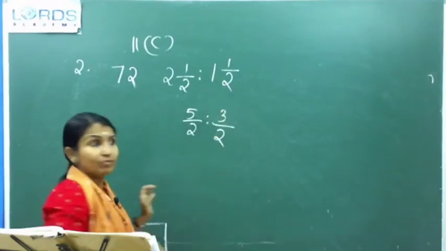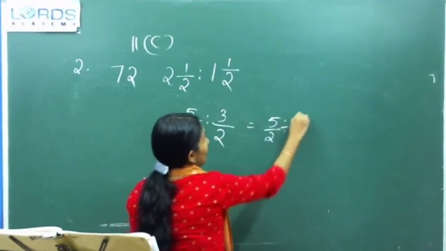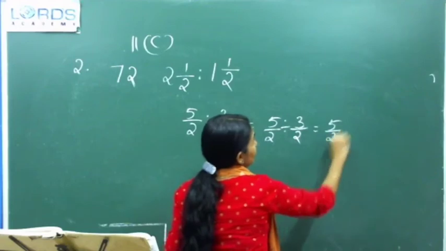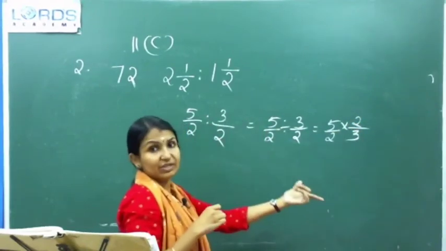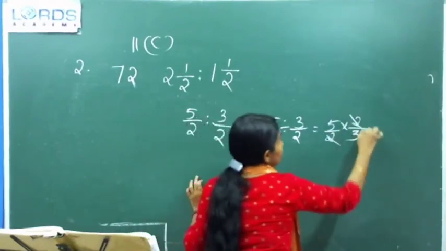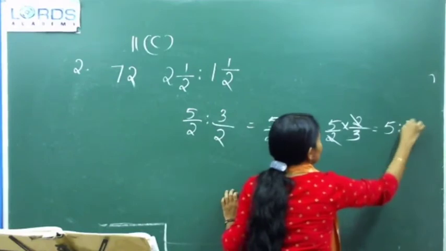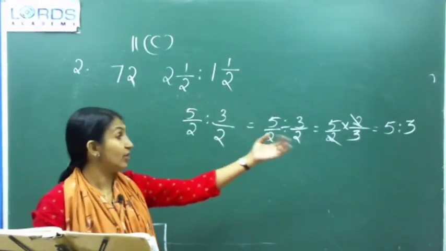Now we should write this as 5/2 divided by 3/2, which is equal to 5/2 into 2/3. Fraction division is multiplying with the reciprocal. So 5/3, which is equal to 5:3. Now we got the ratio.